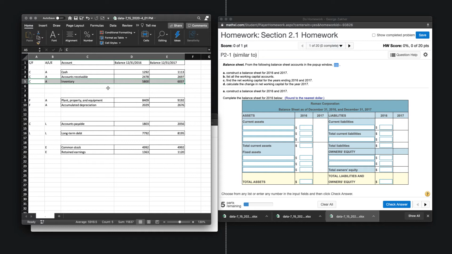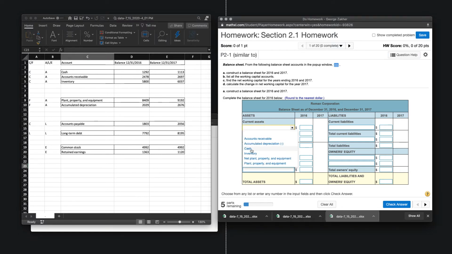So now that we've organized our balance sheet, we can start inputting our numbers and our accounts here. So we'll start with our cash. Then we have our accounts receivable. And we have our inventory. So those are our current assets. Let's get our values. Remember, we're looking currently at 2016, so we're just going to go ahead and copy those in.